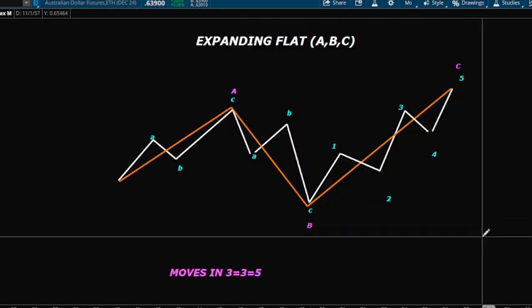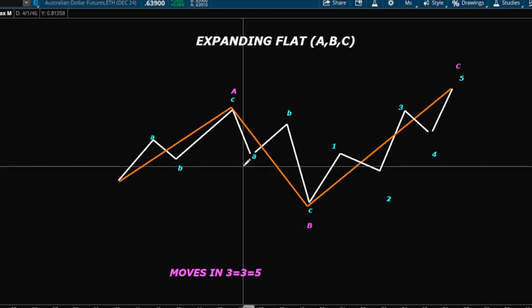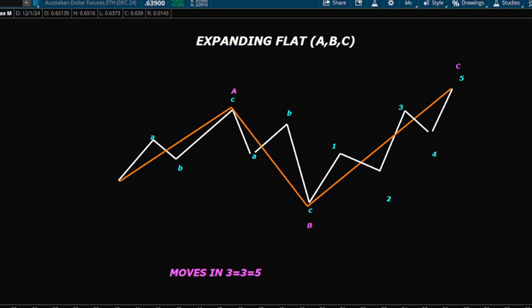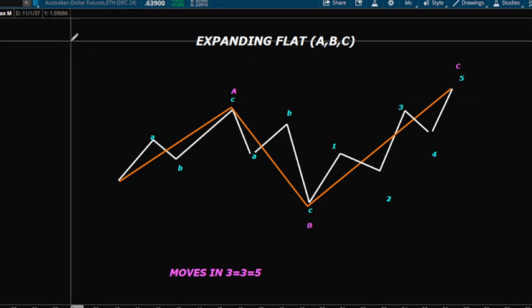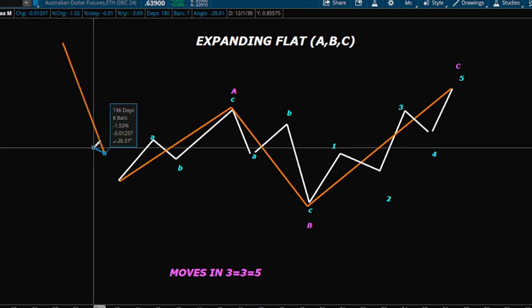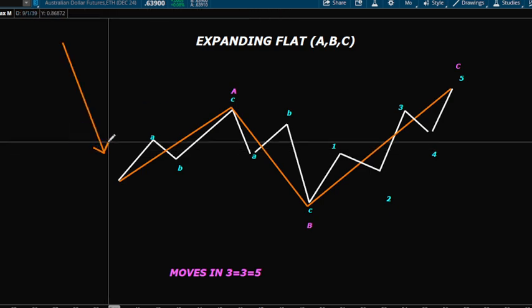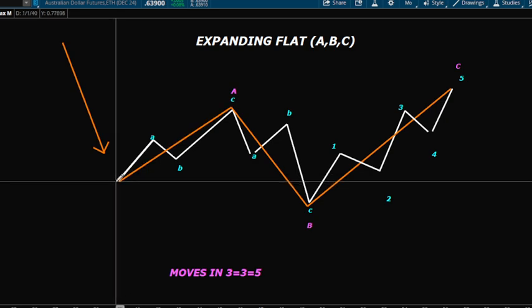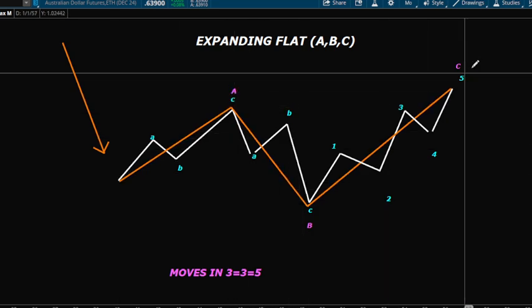Okay, so this is the expanding flat. And this is the right direction. So if we had price action moving from a higher price to a lower price, and that was our bottom somewhere, right here actually, then our expanding flat started the turn A, B, C.